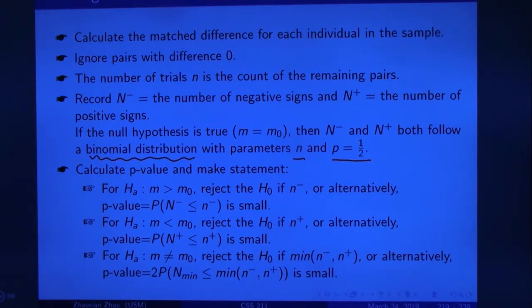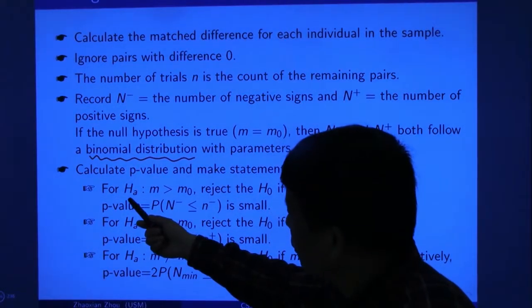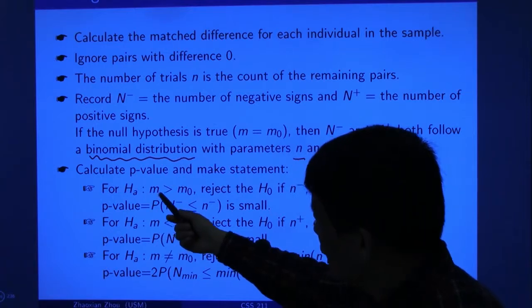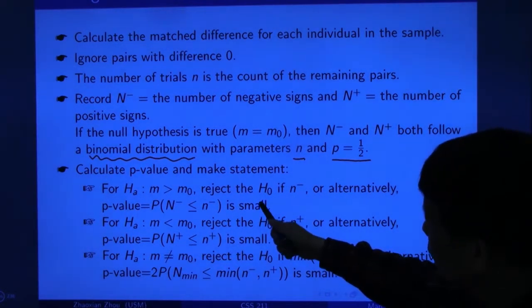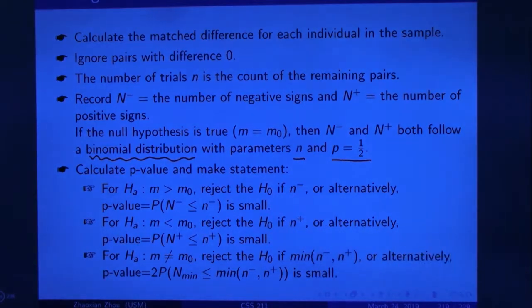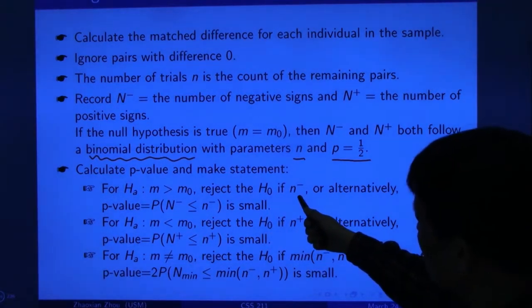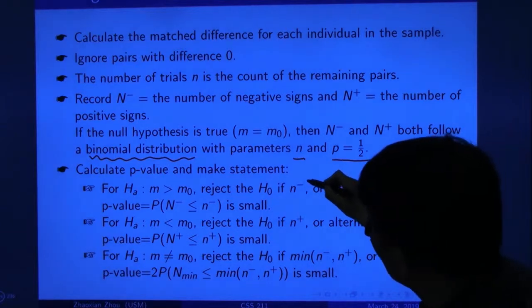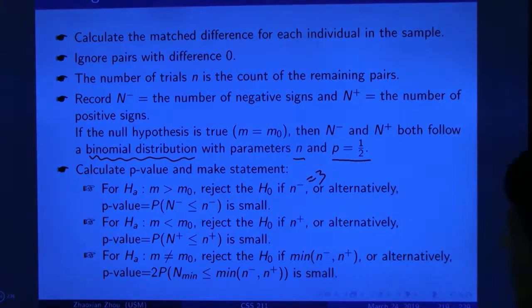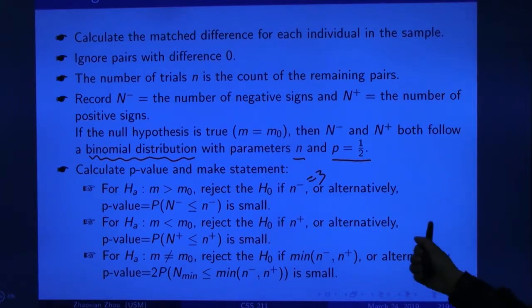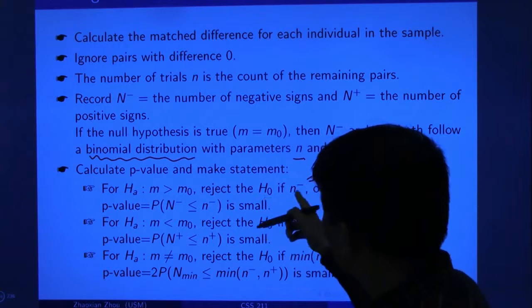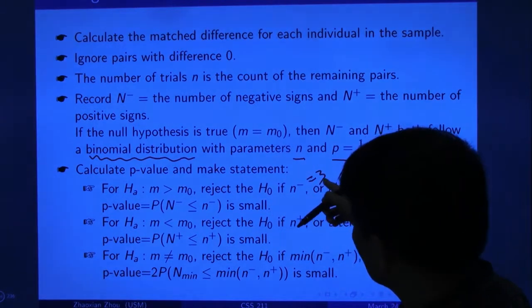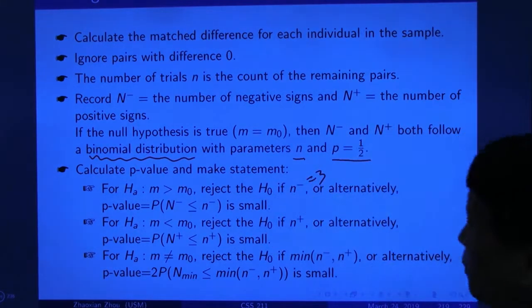For the one-sided test HA, M greater than M0, we are going to reject H0 if N minus, in our example N minus equals 3, is too small. What does too small mean? It means the p-value for this is less than or equal to N minus, in our example equal to 3, if that p-value is too small.